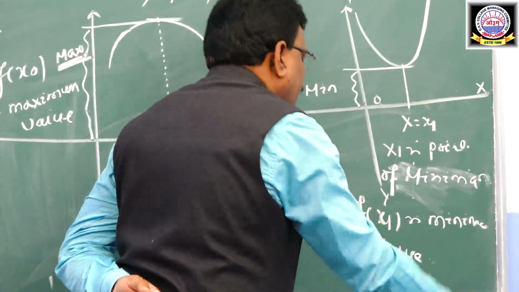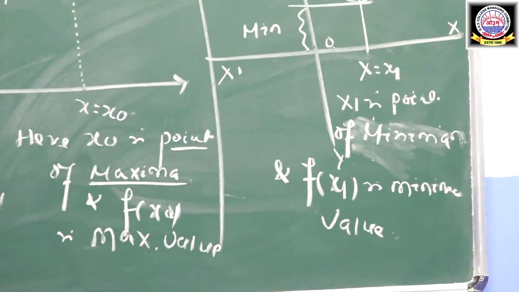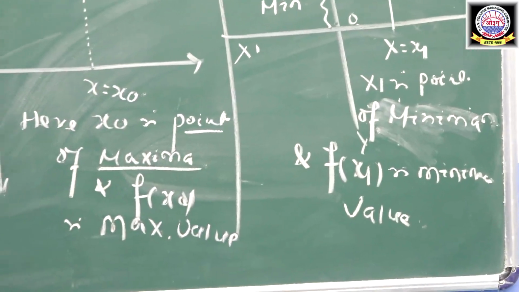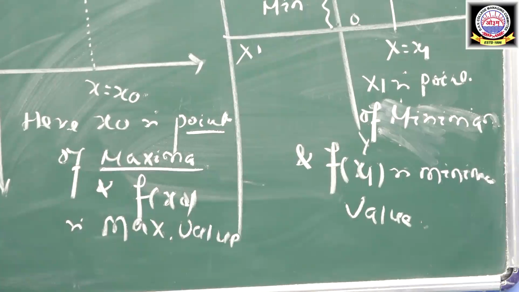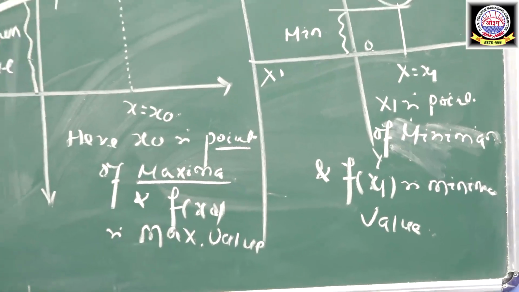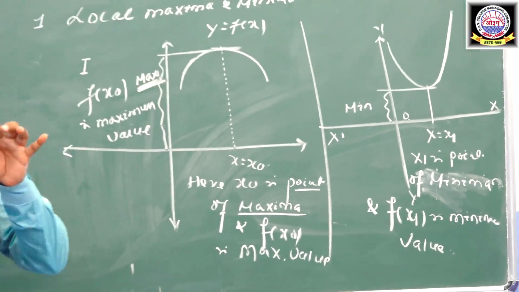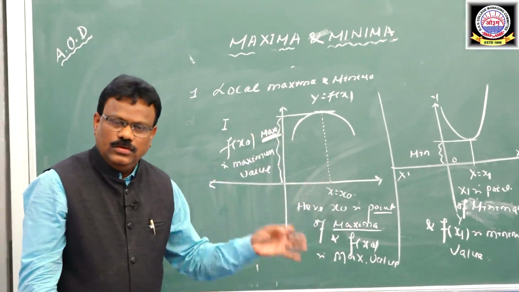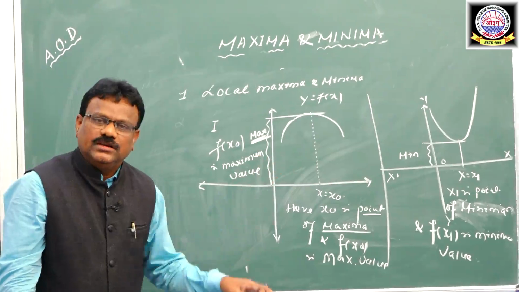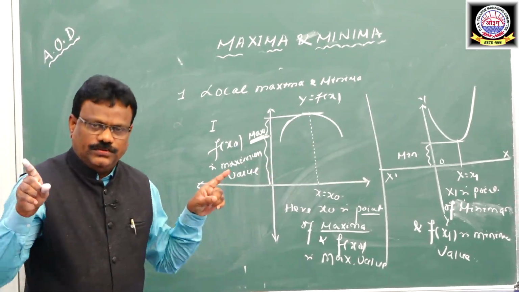So my dear students, the aim of these two graphs is to know what is called a point of maxima and a point of minima, and what are the maximum value and the minimum value, where students are usually confused. So you should not be confused.